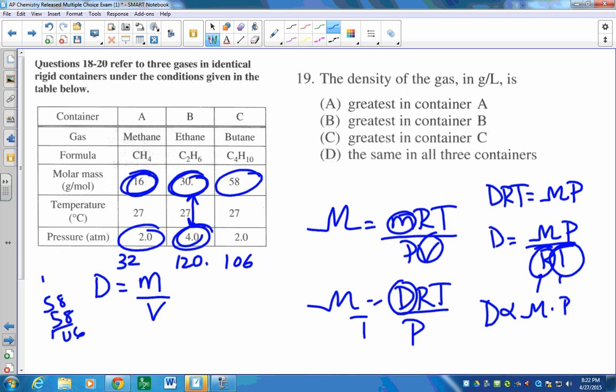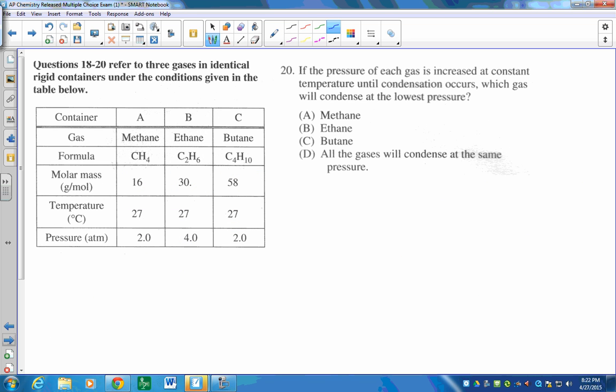And so if you understand this formula, because R is a constant and all of the temperatures are 300 K, you can tell the one that's the most dense by which one has the greater product of molar mass times pressure, and that is gas B. That's a tougher problem than I thought it was.